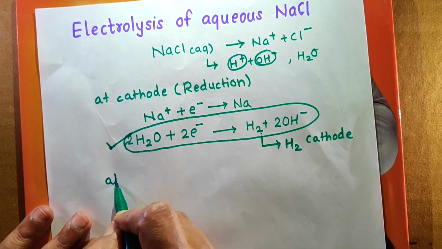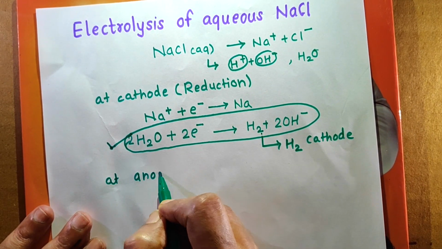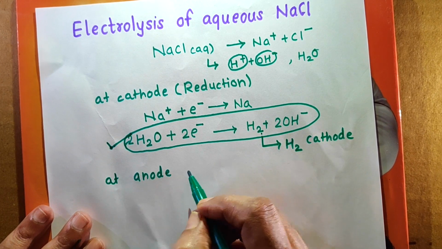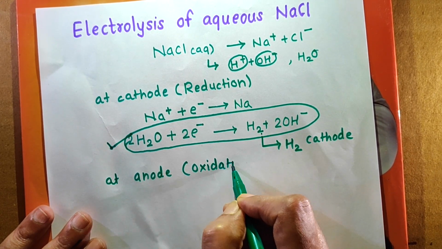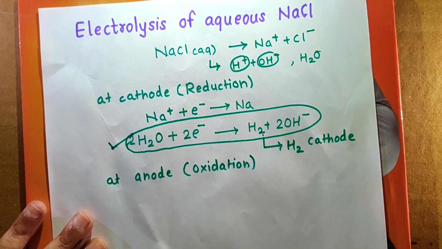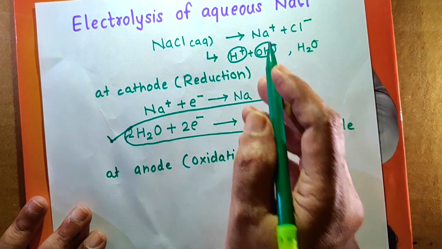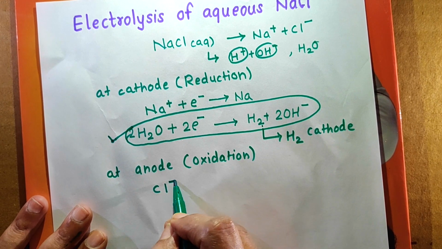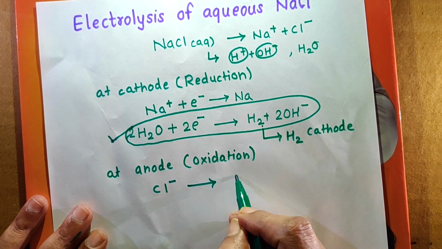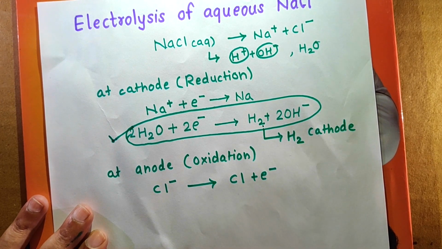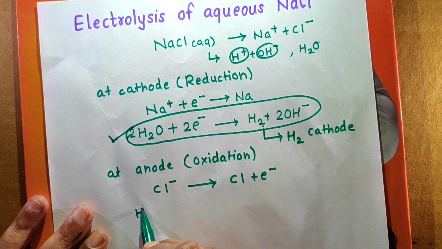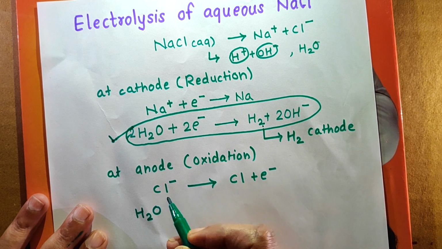And what is the reaction which takes place at anode? Anode is the electrode where oxidation takes place. Now, from NaCl, we have Cl- ions, which are converted into Cl atoms by losing electrons. And again, here in the race, H2O molecules are also there.